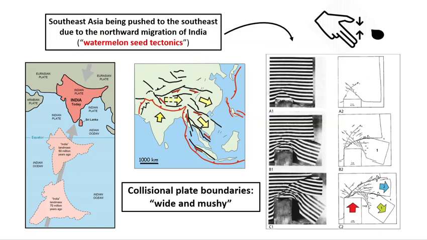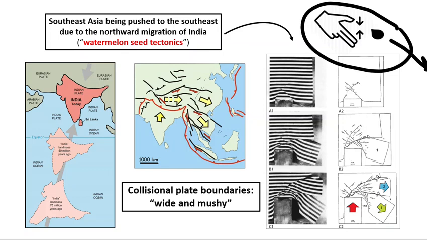But the idea is kind of like when you smush a wet, slippery watermelon seed between your thumb and fingers. If you squeeze the watermelon seed really hard, it will shoot out of your fingers in the same way that as India and southern Eurasia are being squeezed together, Southeast Asia is acting like the watermelon seed.